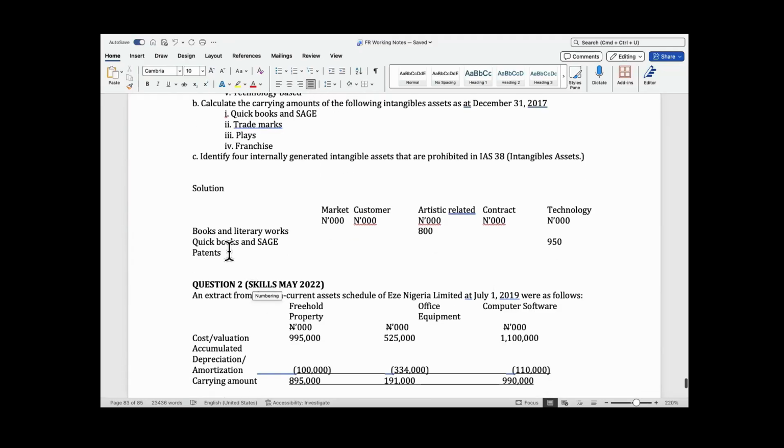Yeah, so when you invent something, you can actually go and patent it. There's a ministry where you can go and patent it so that no other person can copy your invention. So where should that be? Should be market.